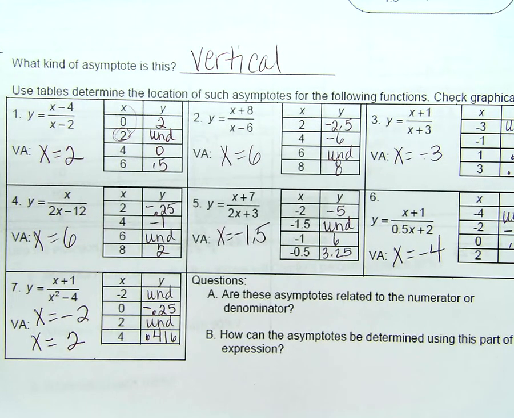Okay? So, is there a way to find the asymptote without having to do tables every single time? Because that would annoy me.